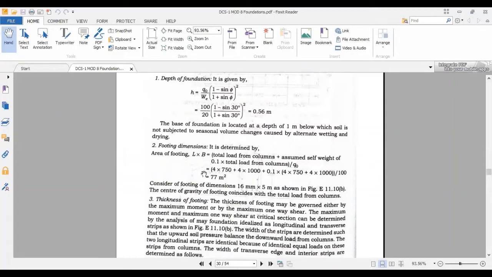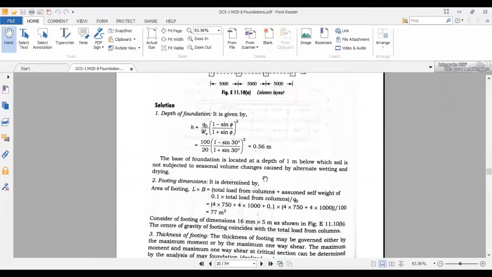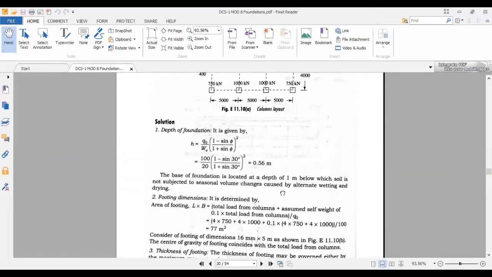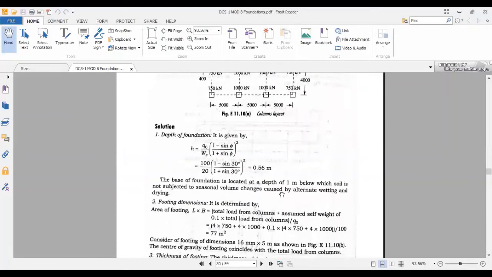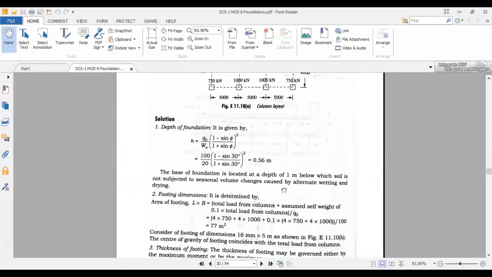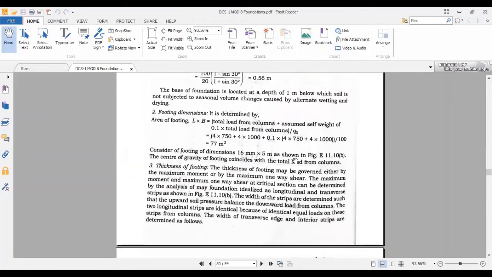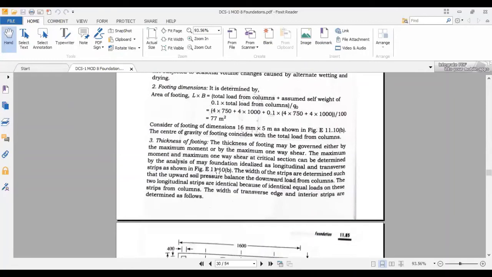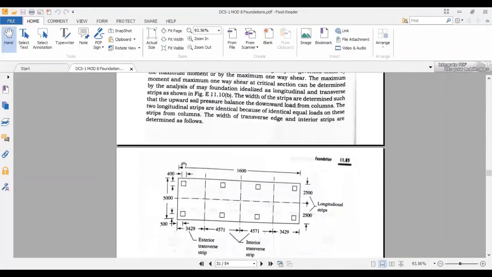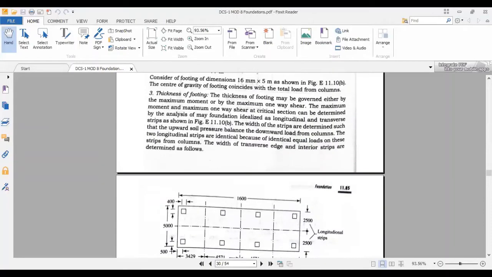Now consider the footing of dimension as 16 m by 5 m as shown in the figure itself. So the center of gravity of footing coincides with the total load from columns. So this is how our footing is 16 m by 5 m.